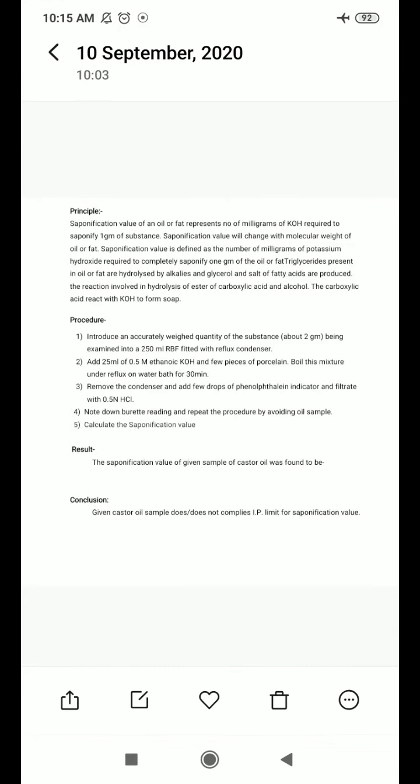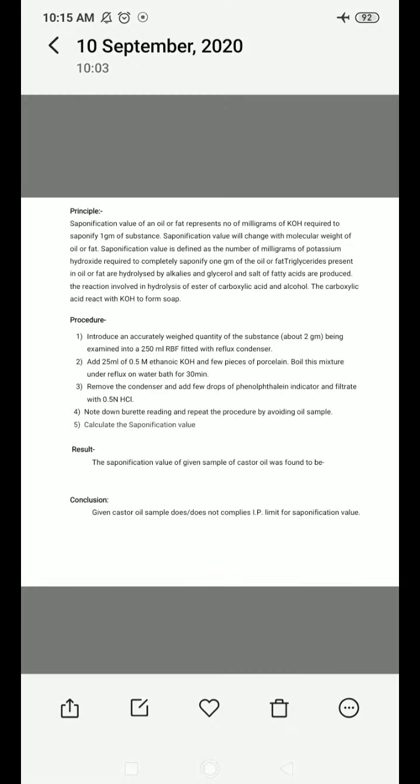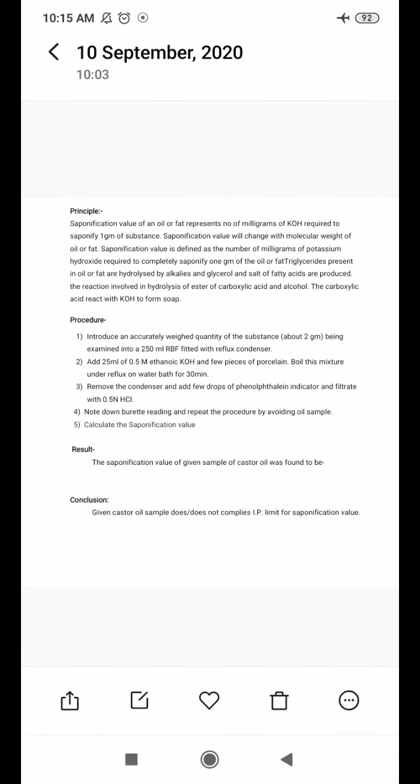After that, remove the condenser and add a few drops of phenolphthalein indicator and titrate with 0.5 normal HCl. Keep in mind it is titrate, not filtrate; this is a typo error. First of all, after refluxing, what do you have to do? You have to remove that particular RBF. In the RBF you have to add a few drops of phenolphthalein indicator, which acts as your indicator.